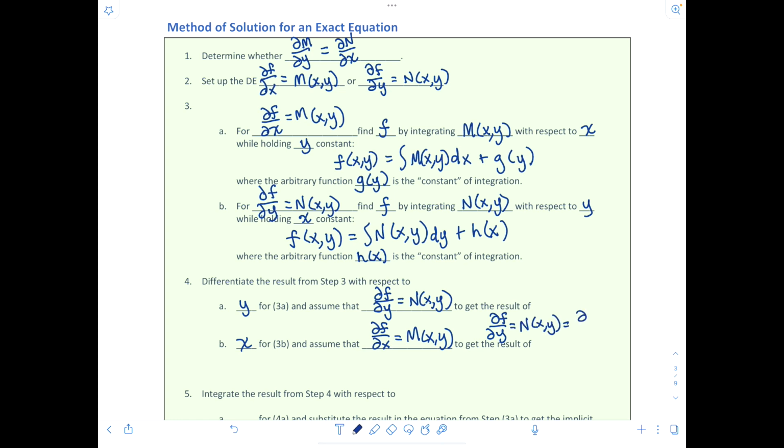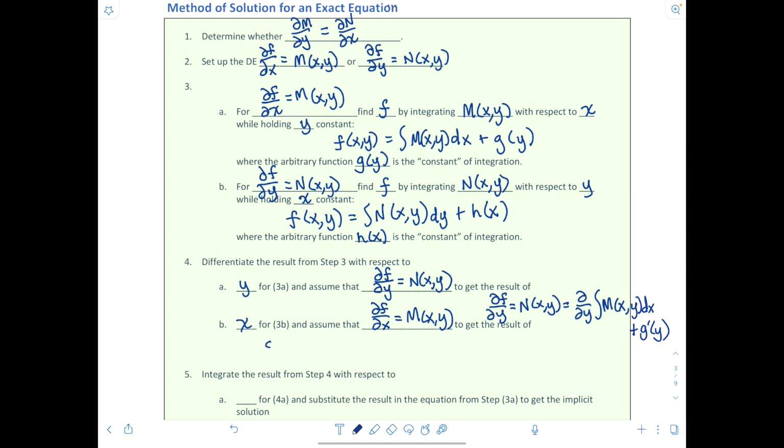That would equal the first partial with respect to y of this integral that we had gotten, capital M at x and y dx, and then you're going to end up with this constant, the derivative of g at y, which is just g prime at y.